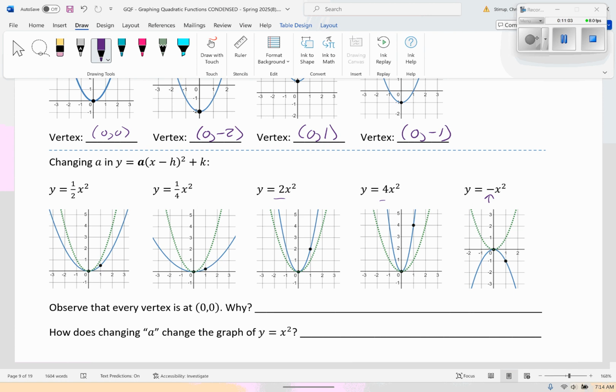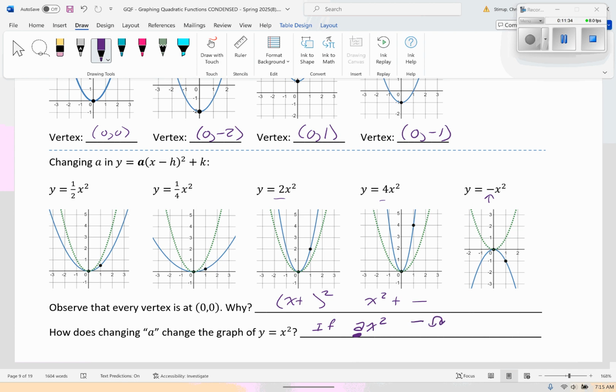So every vertex is at 0, 0. Why is that? It didn't have anything in parentheses. It didn't have x plus a number, or x plus a number squared, or x squared plus or minus a number to move it up or down. So the a out front, the a in ax squared, if this is negative, makes it upside down.